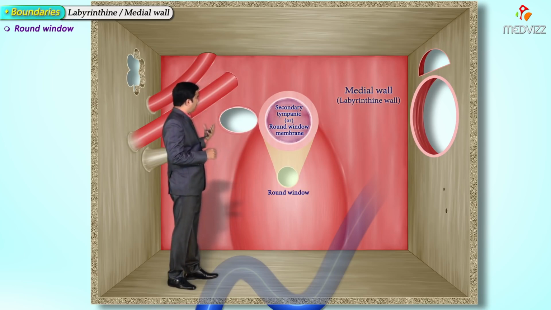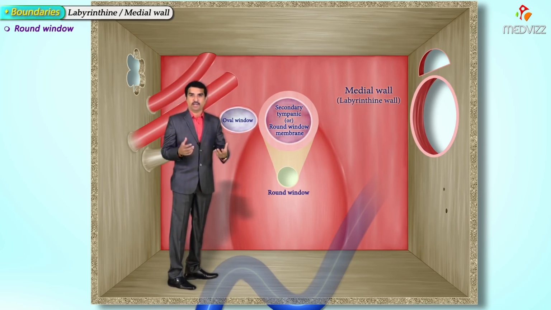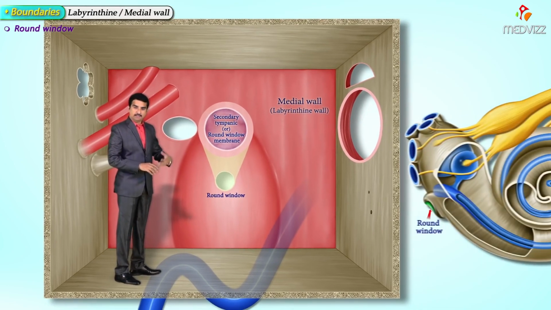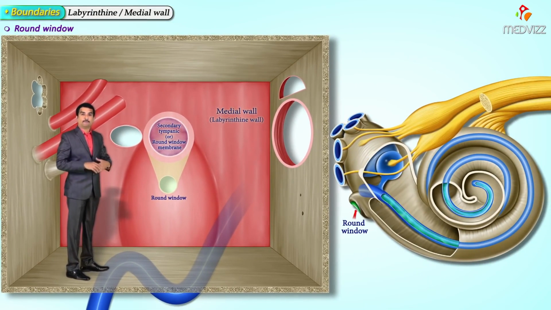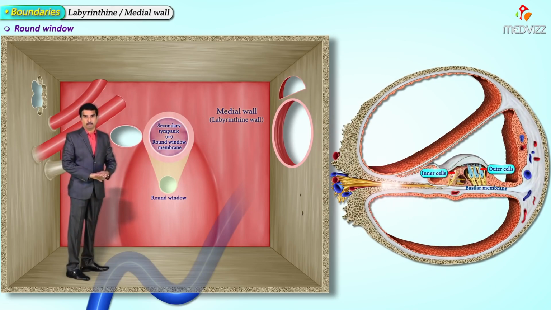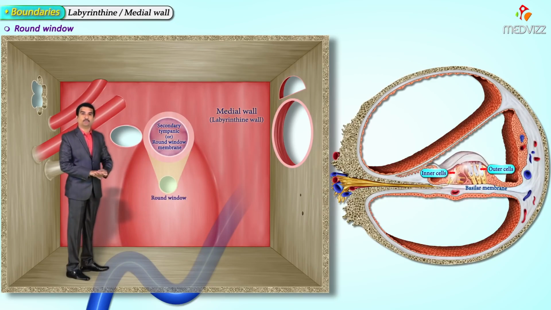This membrane vibrates with opposite phase to the vibrations entering the inner ear through the oval window. This allows the fluid in the cochlea to move, which in turn ensures the hair cells of the basilar membrane are stimulated and audition occurs. That is the importance of the round window.